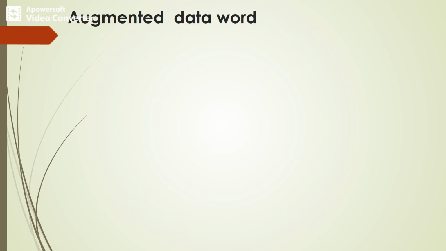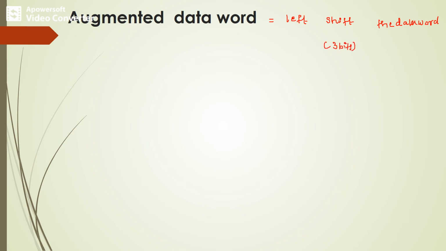Now we need to compute the augmented data word. Usually the augmented data word can be computed by shifting the given data word by 3 bits. That means the augmented data word is equal to the given data word left shifted by 3 bits.